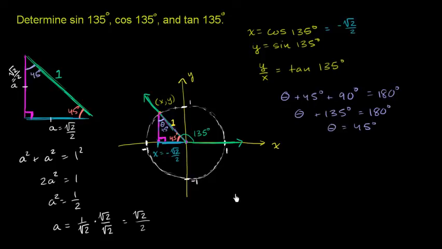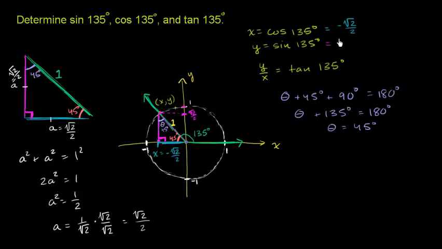Now what's the sine of 135 degrees? Well, we already established that's the y-coordinate, and the y-coordinate is literally just the height of this magenta side, and we just figured out that that is square root of 2 over 2. So this point right over here has y value square root of 2 over 2.